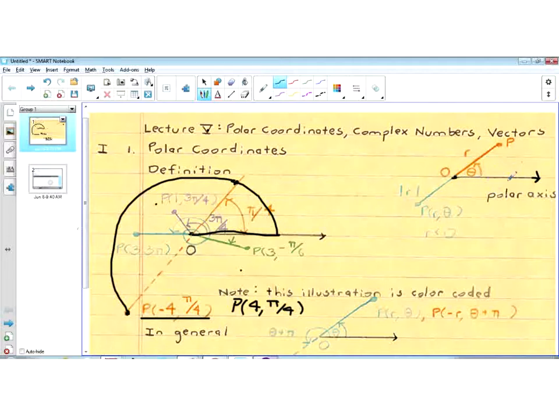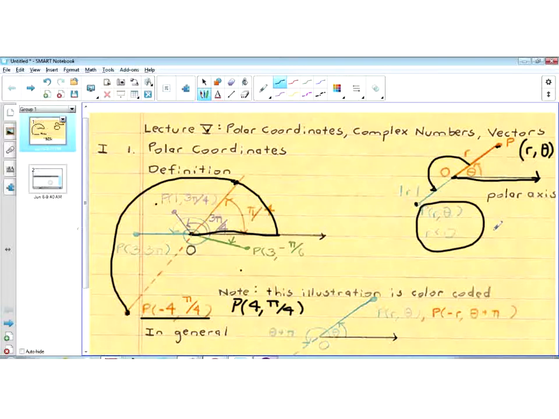Here we have the polar vertex, the polar axis sketched, and an arbitrary polar point plotted, whose coordinates are r, theta. Now, if r were less than 0, then P(r, theta), looking at this note right here, would be a rotation of this orange P by 180 degrees or pi radians counterclockwise, and then you'll end up at the proper place in space for P(r, theta) where r is less than 0.